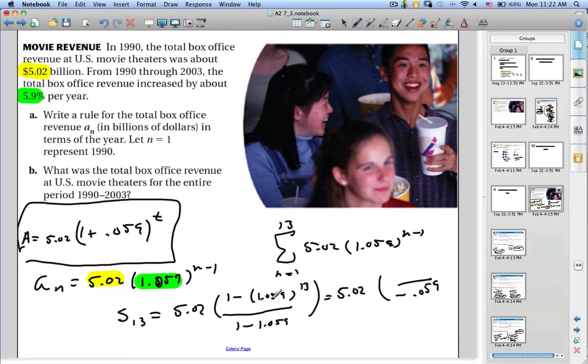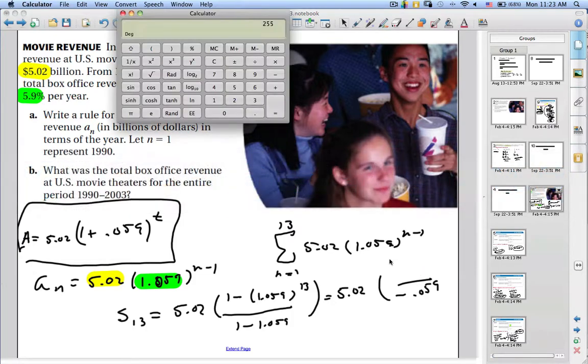Now I know that this is going to be a positive number. I'm going to subtract it from 1, so it'll be a negative number. I'll divide by a negative number. I know my result's going to be positive, so I can kind of forget about that. And let's go to the calculator, and I'm going to take 1.059, and I'm going to take it to the 13th power, and that's what it equals. And then I'm going to subtract 1, and then I'm going to divide it by 0.059.